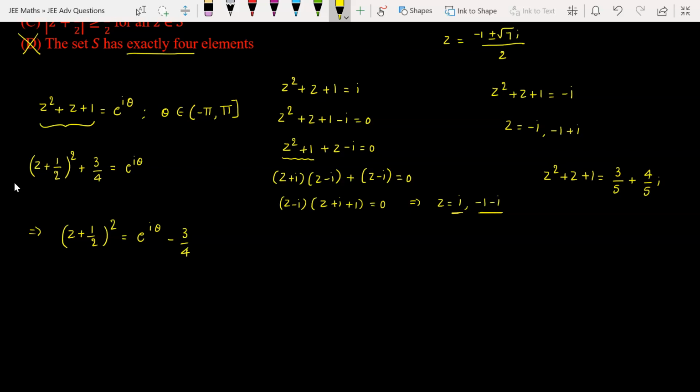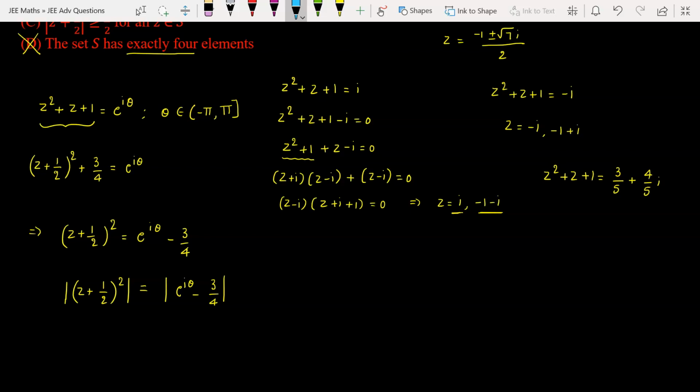Now taking modulus on both sides, what we have is modulus of z plus half whole square is equal to modulus of e power i theta minus 3 by 4. Now applying triangle inequality on this, we will easily get the range of modulus of z plus half. So now what does triangle inequality say?